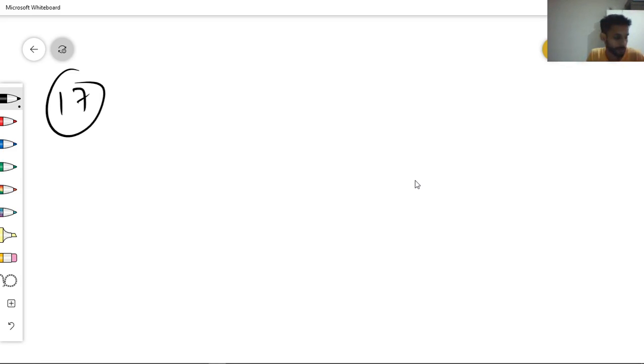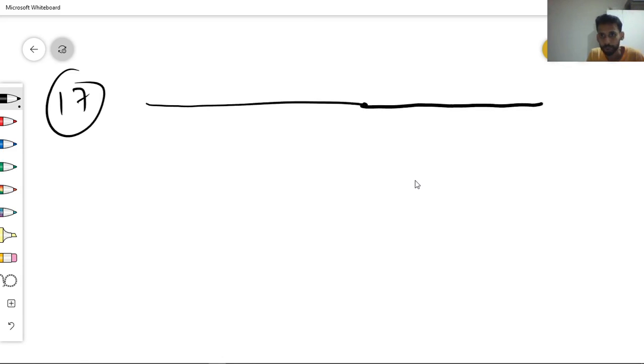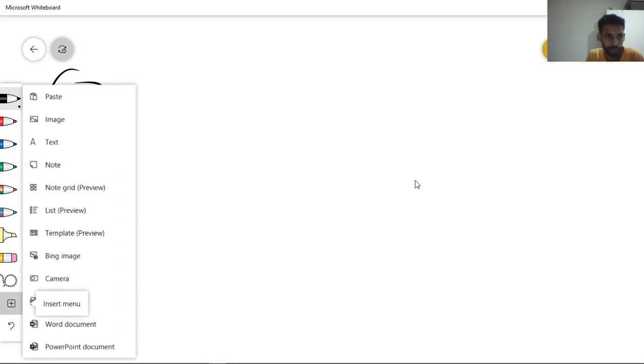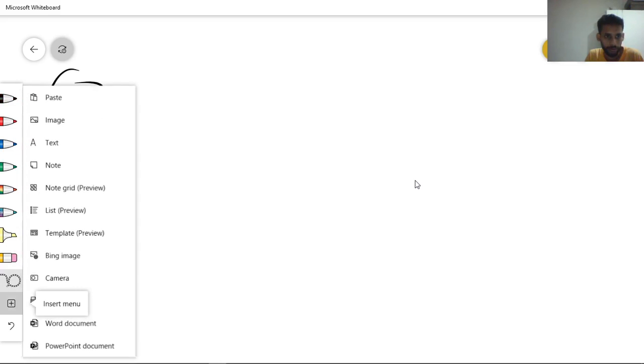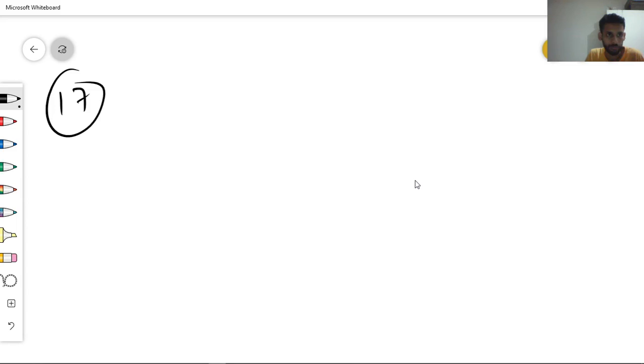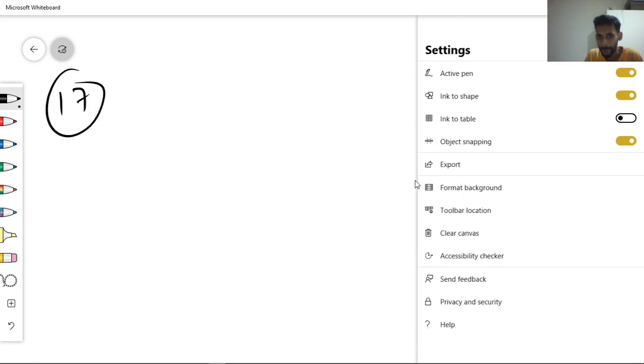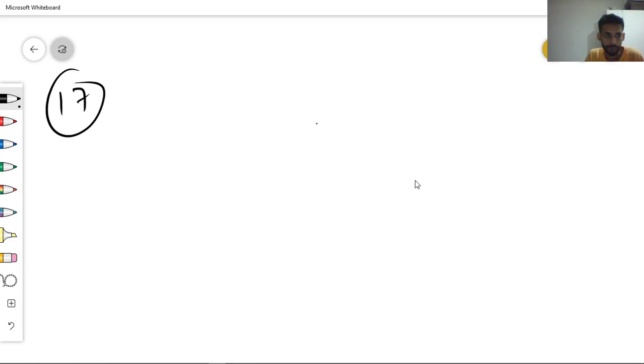So first of all, if you understand this, it is like this. There is a straight line, and somewhere here is Delhi.